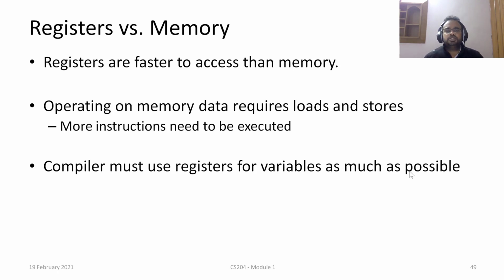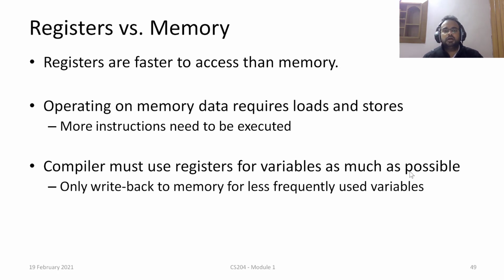Now, because the registers are fewer in number, the compiler must carefully use the registers, otherwise it will end up introducing a lot of loads and stores into the assembly code. So a compiler, before it finally generates the assembly code, will analyze the program so that it will remove any unnecessary load and store instructions.